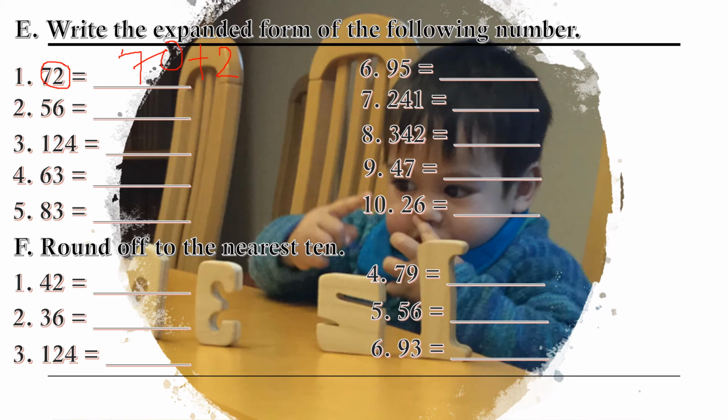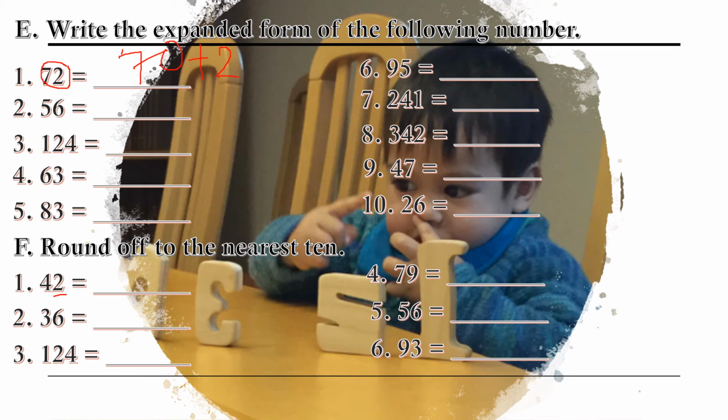Okay? Letter F, round off to the nearest 10. This one is a 2-digit number. If you're going to round off to the nearest 10, you're going to look at the ones place. Just look at if it's round up or round down.